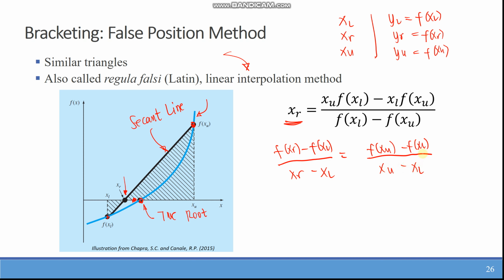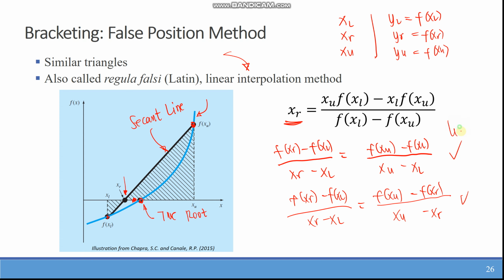It can also be f of xr minus f of xl all over xr minus xl is equal to f of xu minus f of xr all over xu minus xr. Since this is a linear interpolation, this will give us the correct xr.